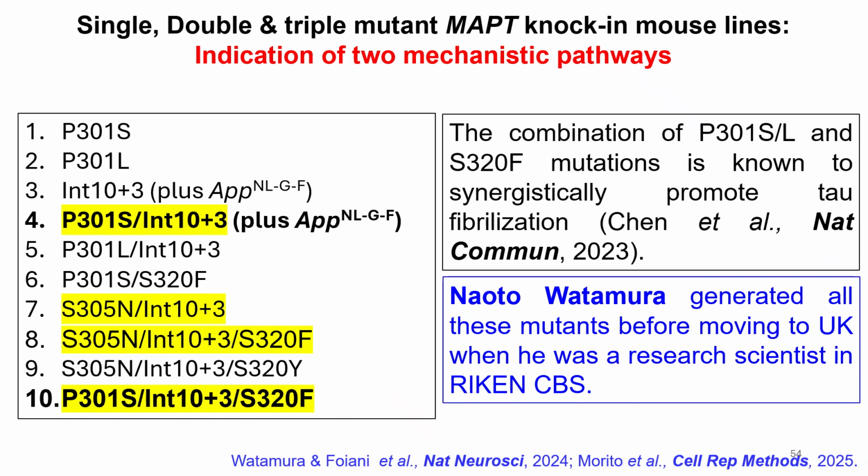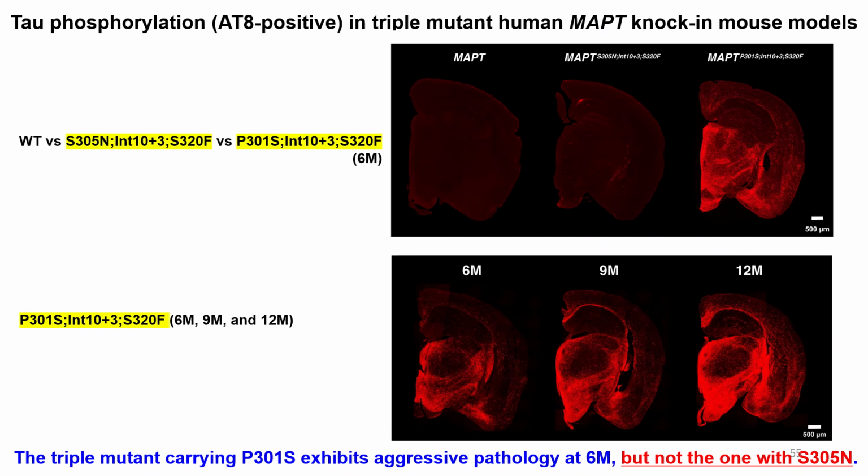I will later show you that use of these models led to identification of at least 2 distinct mechanistic pathways for tau pathology. This shows tau hyperphosphorylation in the triple mutant MAPT KI mice carrying the S305N or P301S mutation. While the former shows only a little tau pathology, the latter shows intensive pathology already at 6 months.